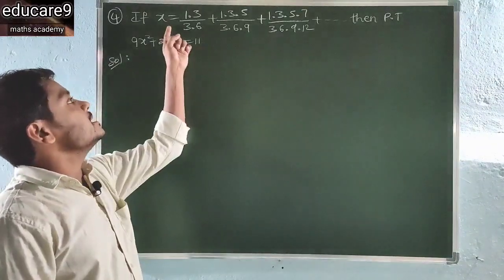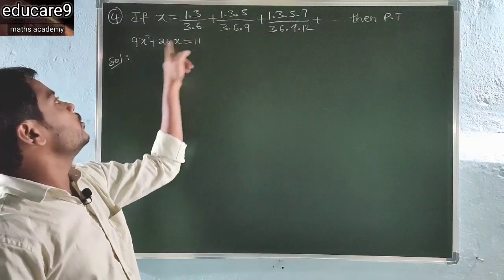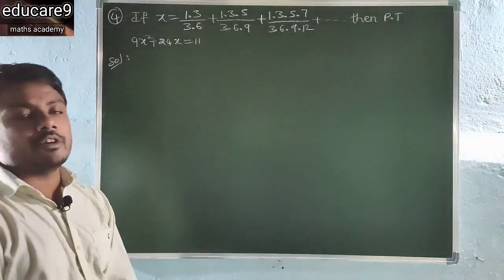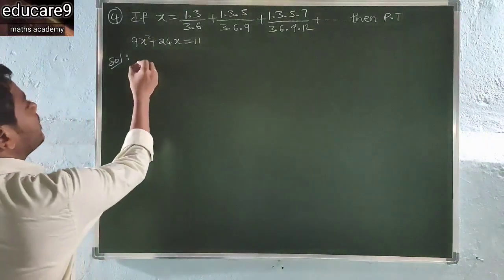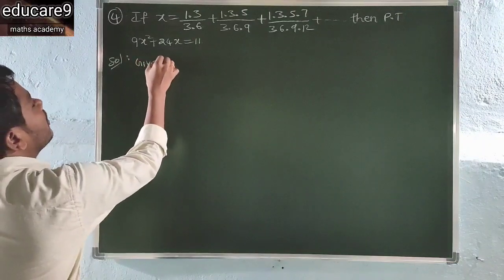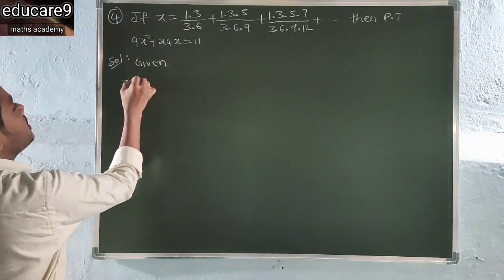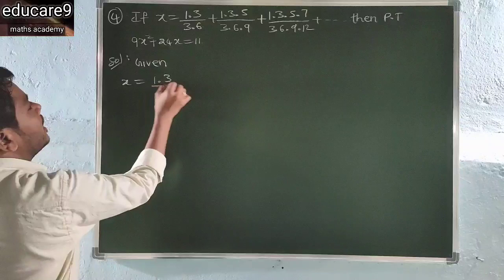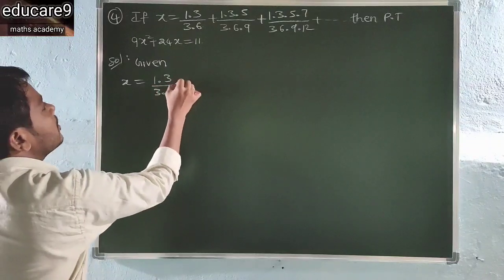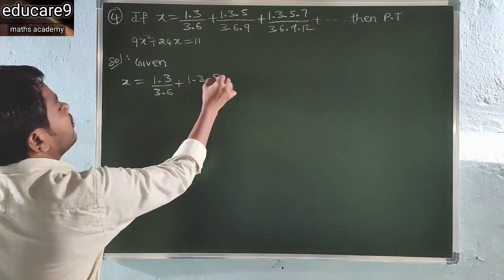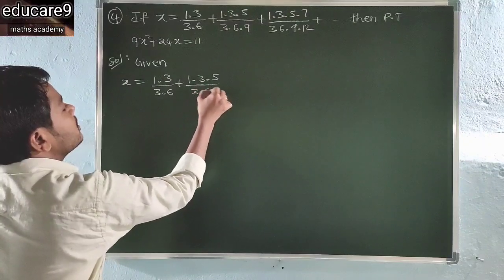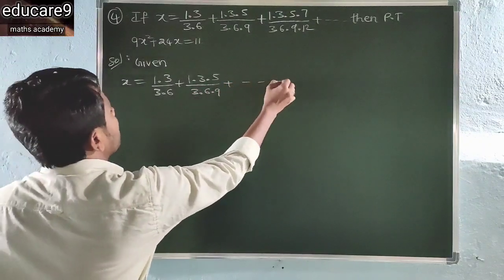So see here, x is the given series. Then prove that 9x square plus 24x equals 11. So see here, given, what is the x value? x is equal to 1 into 3 by 3 into 6 plus 1 into 3 into 5 by 3 into 6 into 9 and so on.